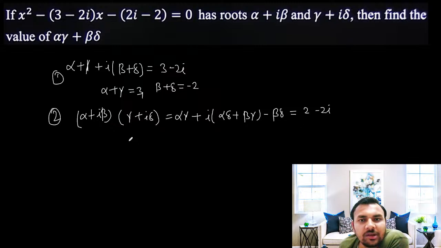That means alpha gamma minus beta delta is 2 and alpha delta plus beta gamma is minus 2. Okay.